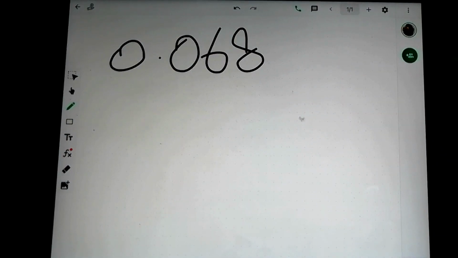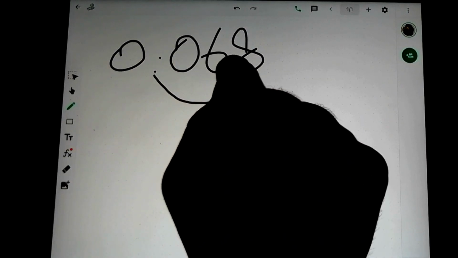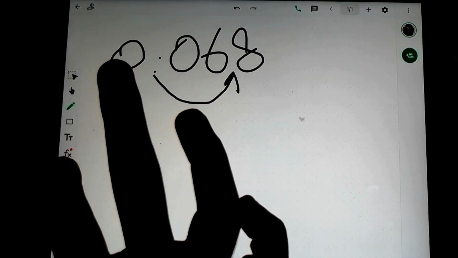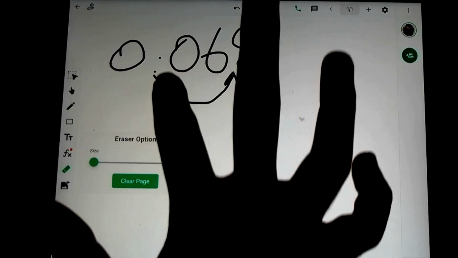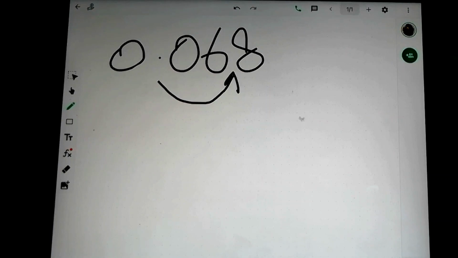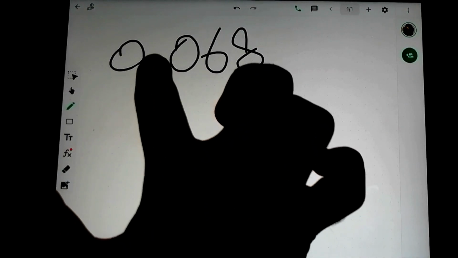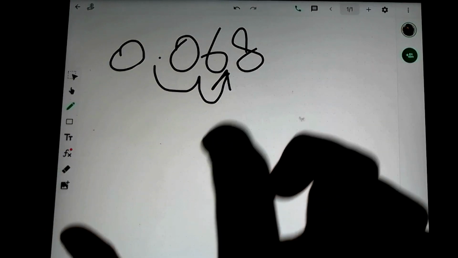0.068. It's a smaller number, so we need to take the decimal point all the way to in front of the first non-zero digit, right? So when we do that, how many spaces do we move? We move 1 and 2, right?